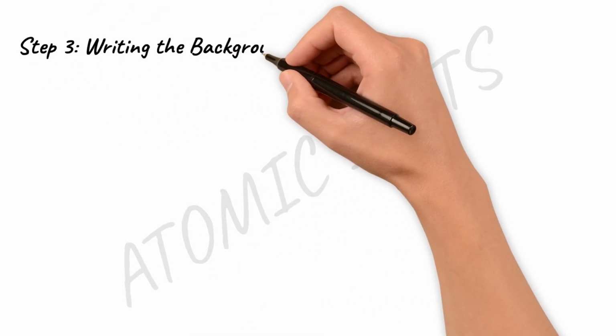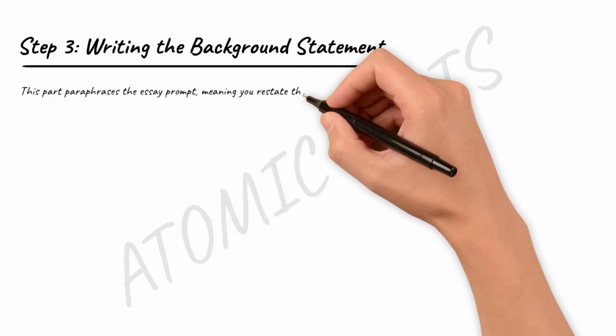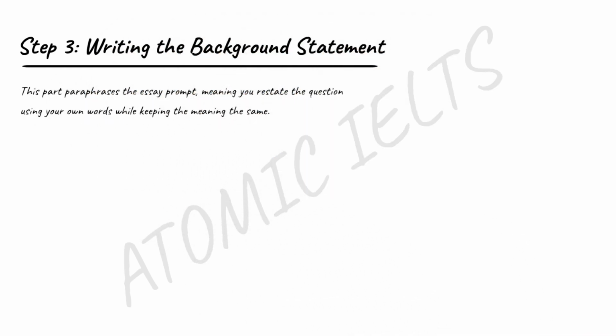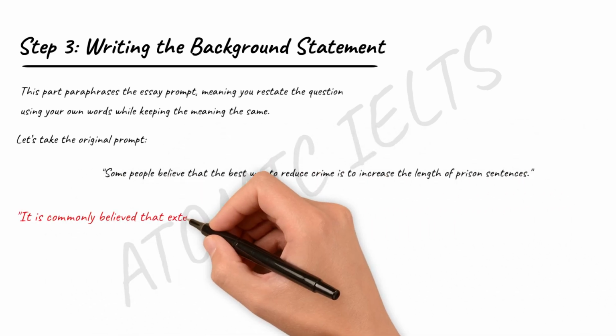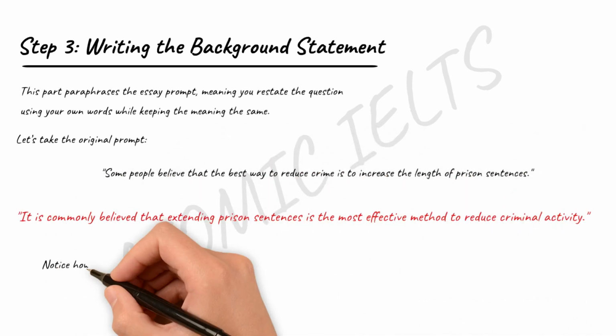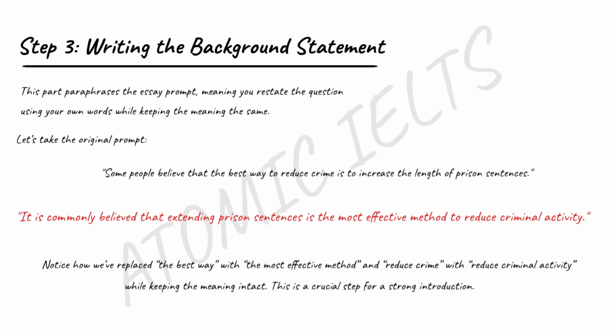Next, let's write the background statement. This part paraphrases the essay prompt, meaning you restate the question using your own words while keeping the meaning the same. Let's take the original prompt. Some people believe that the best way to reduce crime is to increase the length of prison sentences.